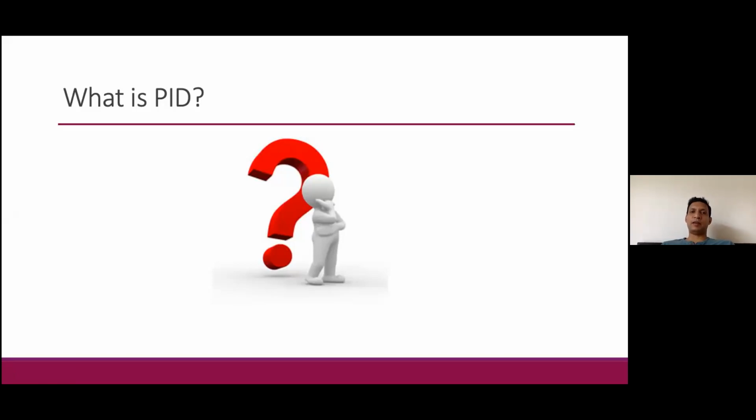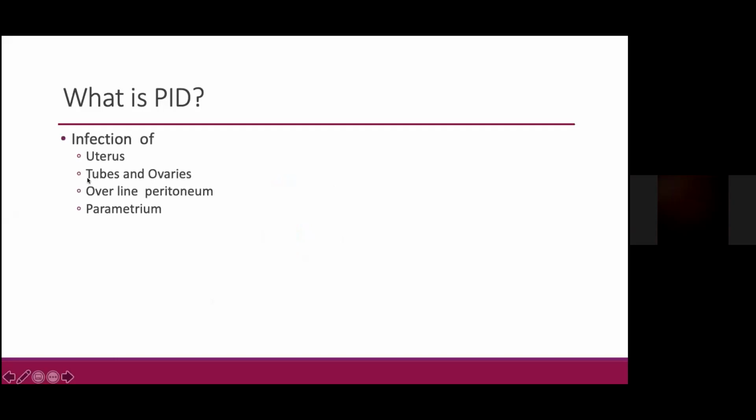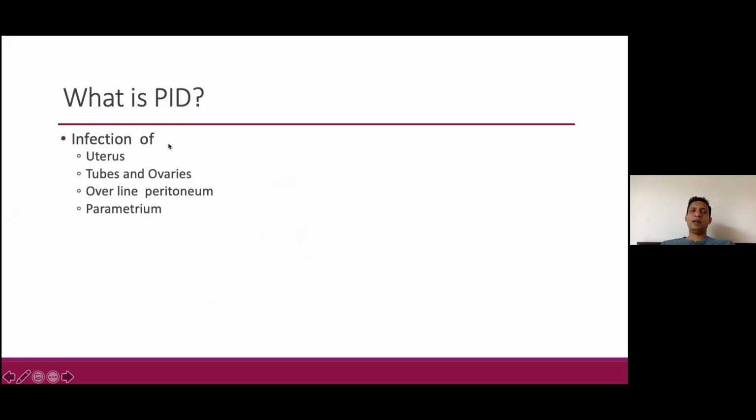So pelvis, and they are right. If the infection in a woman occurs in the uterus, tubes and ovaries, overlying peritoneum, and parametrium, either side of the womb. The pelvis is an organ where there shouldn't be any organism. So if there is anything there which causes infection in the parametrium, the uterus itself, and the tubes and the ovaries, and because it's lined by a peritoneal cavity also, we call it pelvic inflammatory disease.